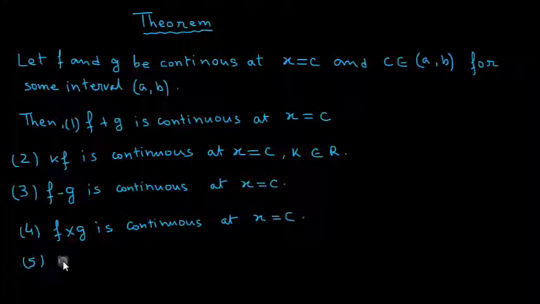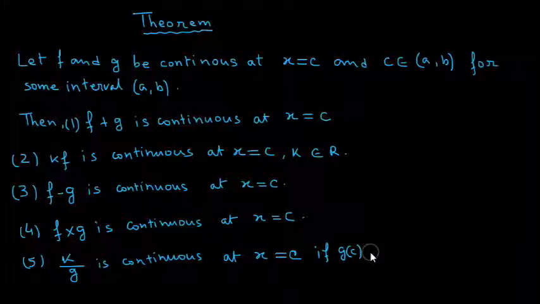Fifth one is k upon g is continuous at x is equal to c if gc is not equal to 0 and k, where k is the element of a real number.